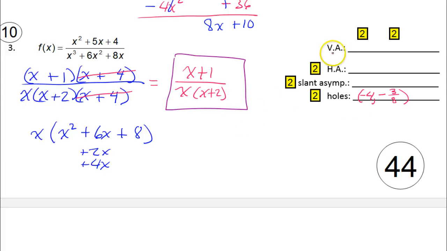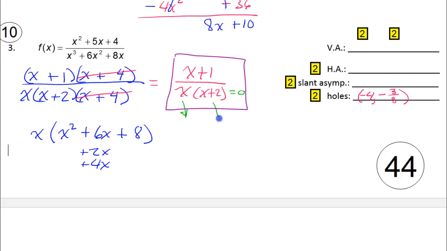Let's see, what about vertical asymptotes? Well, remember that the x plus 4 canceled out. So that will not give us a vertical asymptote. It gave us a hole instead. However, I will still have 2 vertical asymptotes because we get vertical asymptotes by setting the denominator equal to 0 and solving.